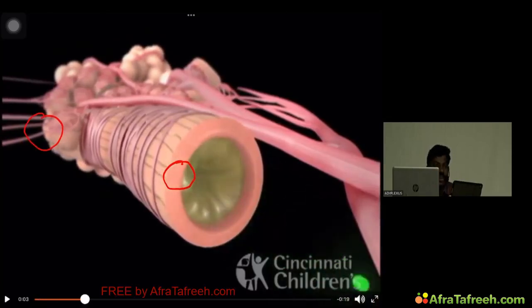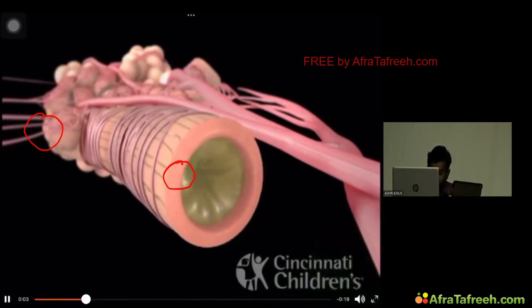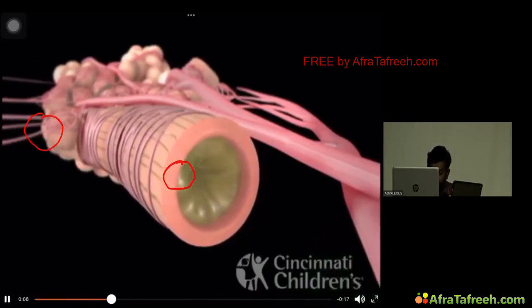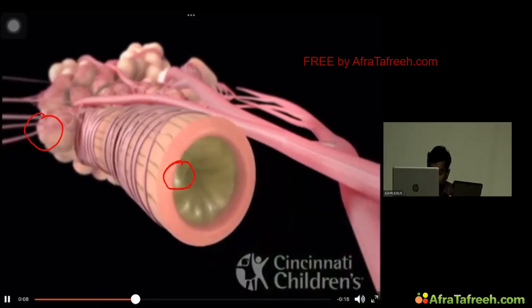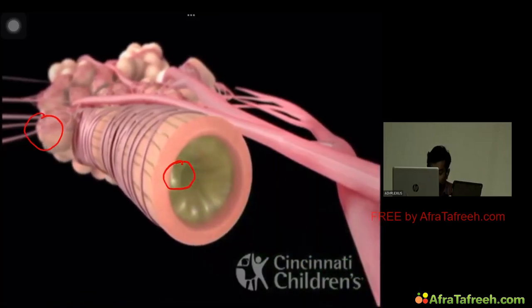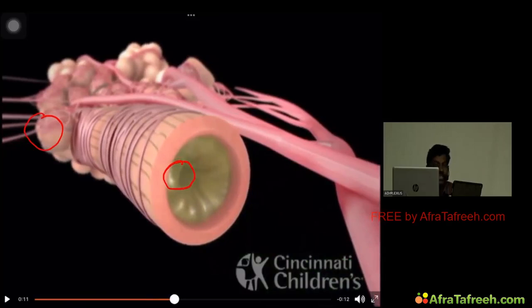When it goes inside, the number is more and it goes very fast. But when it comes outside, the number is decreased and it is very slow. That is what happens in obstructive lung disease.